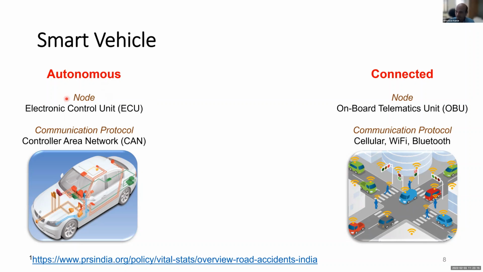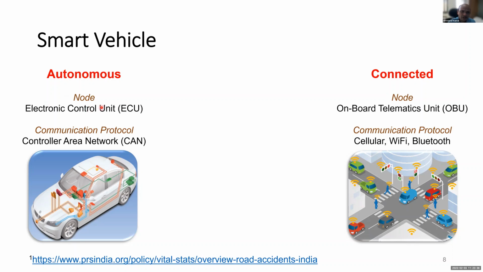For every subsystem, we have one ECU controlling it. In a typical vehicle these days, we have more than 100 ECUs. So your steering wheel has an ECU, your brake has an ECU, the doors have ECUs, lights have ECUs, the engine has multiple ECUs, and every subsystem has different types of ECUs.